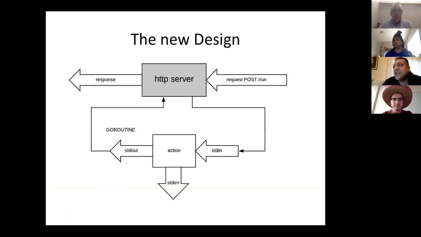You will have an HTTP server. The HTTP server will receive POST requests. Then we'll feed those requests in the standard input to the action that will process them line by line, produce the output line by line on standard output, produce the log on standard error, and then everything is returned as a response.